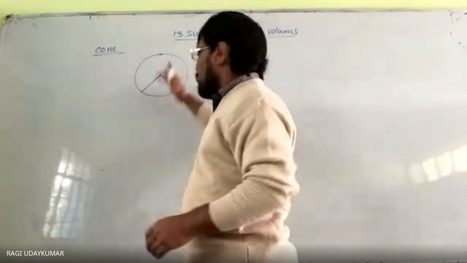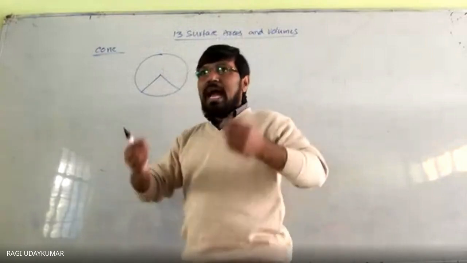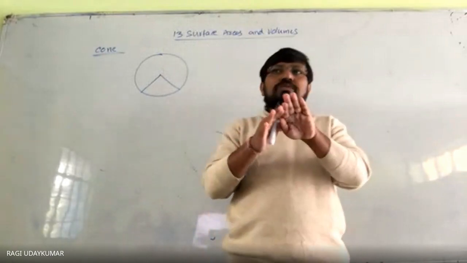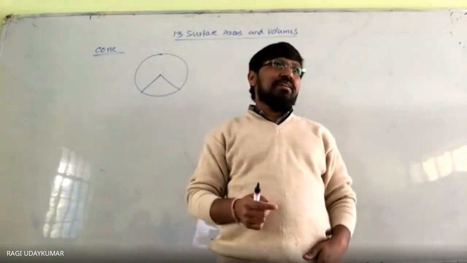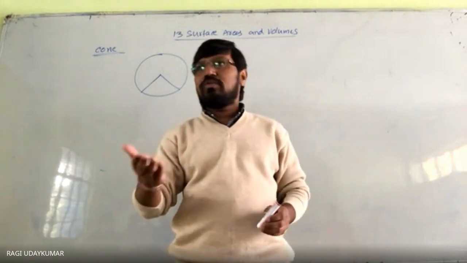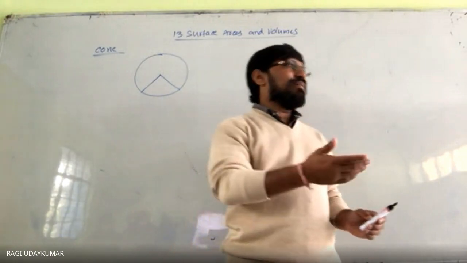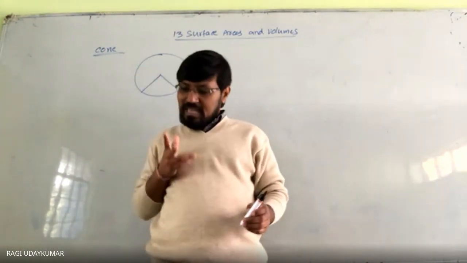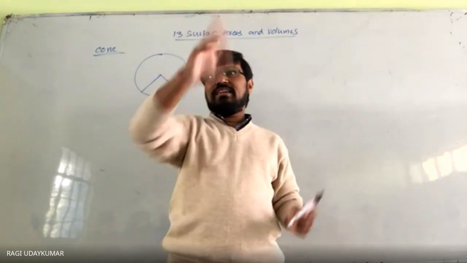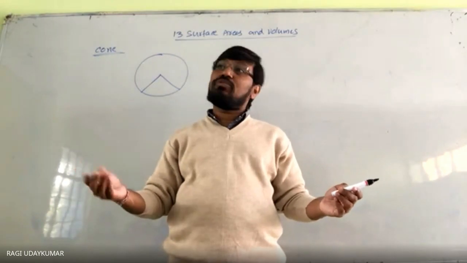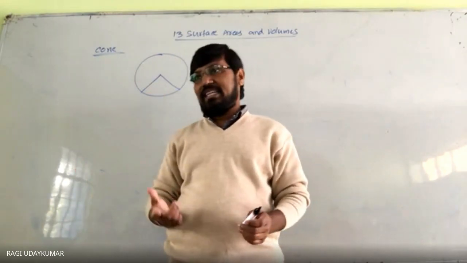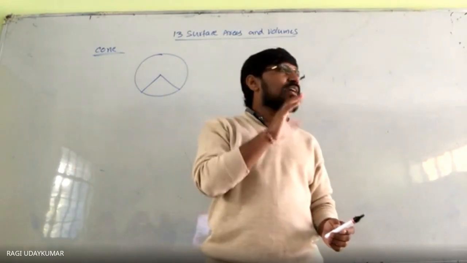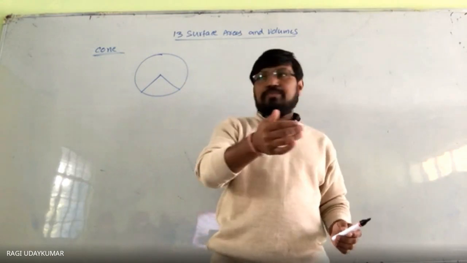Leave the minor one, and join the two radii. Then you get the conical shape. A simple example is the conical birthday cap. If you cut that one open, you see that you get a sector. So from the sector only you get the cone.